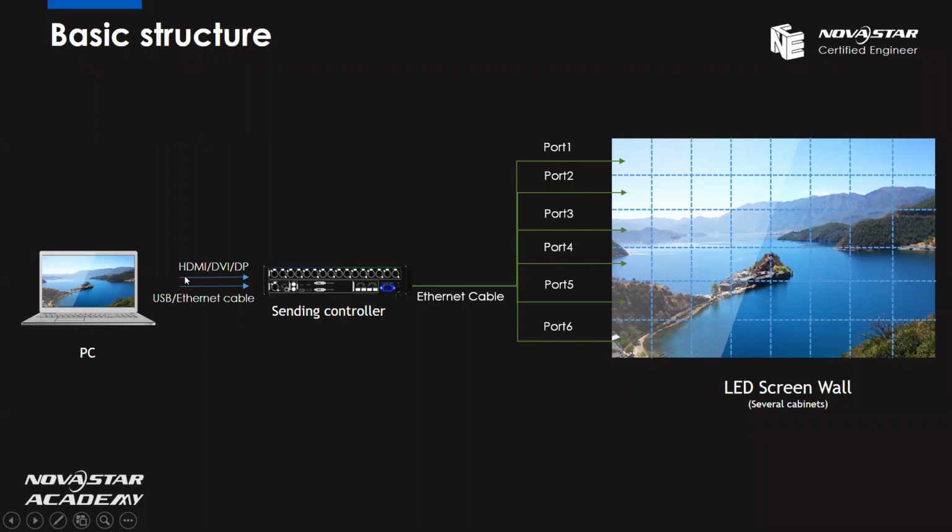And also, we need HDMI or DVI or DP cable to connect the PC and the sending controller, so the control computer can send the video signal to the sending controller. And then, the sending controller is connected to the LED display through Ethernet cables from different output ports.